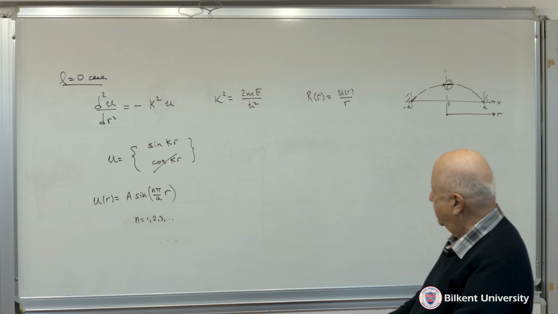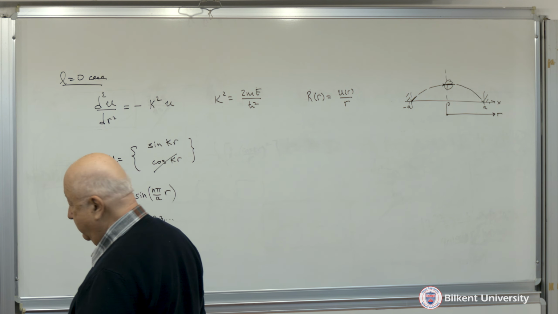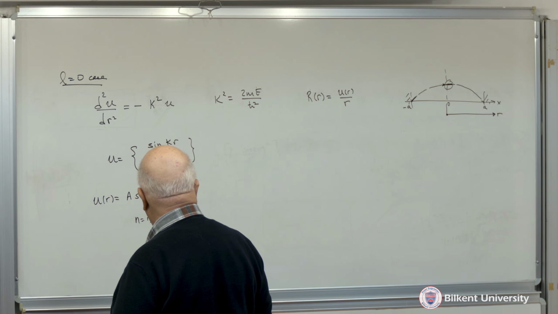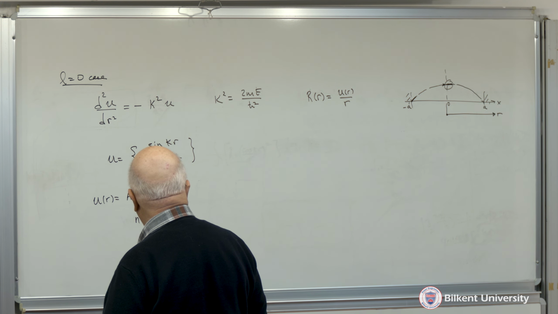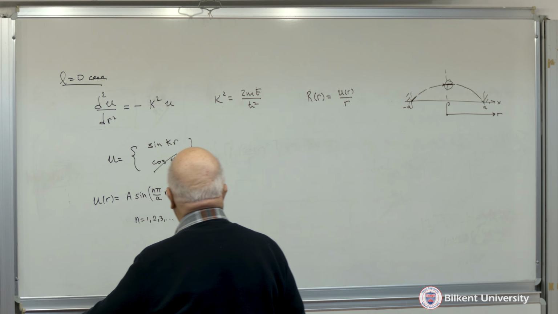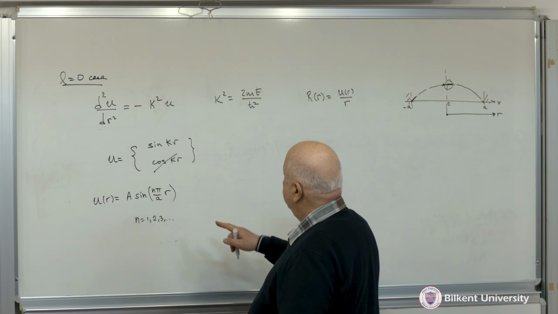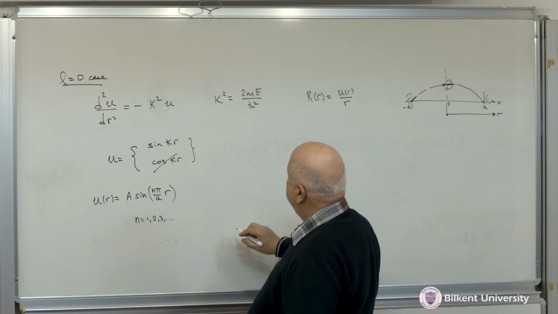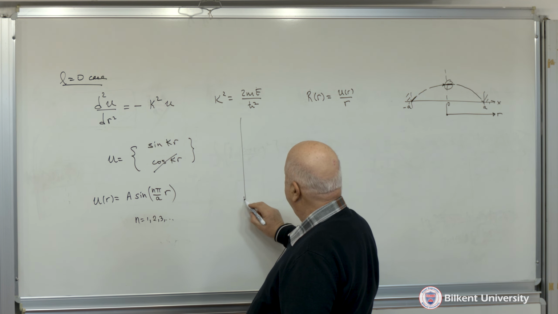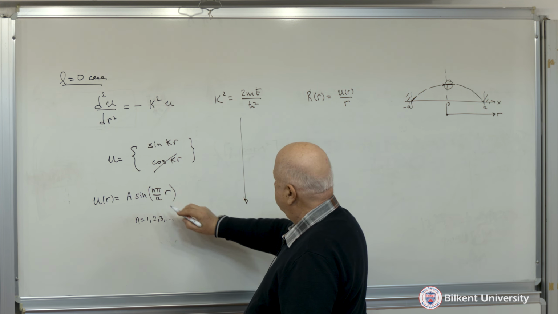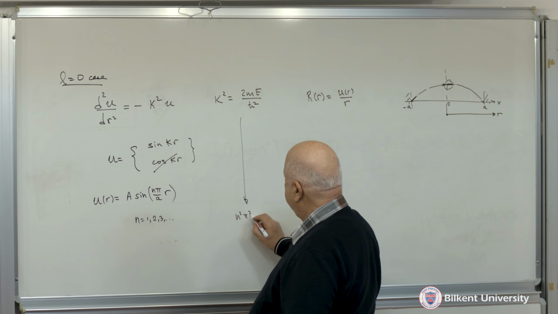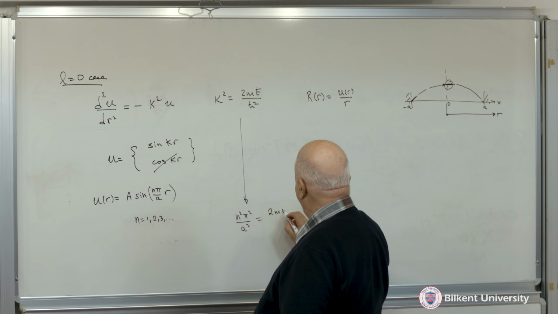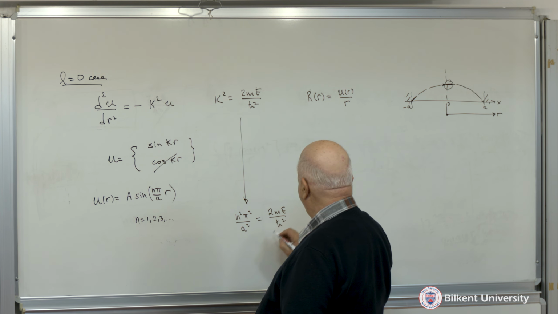Okay, so that's that. We can try normalizing this and such things, but there's nothing too exciting there. Let's look at the energies. I have this k squared, which is going to be equal to n squared pi squared over a squared, which is 2me over h bar squared.